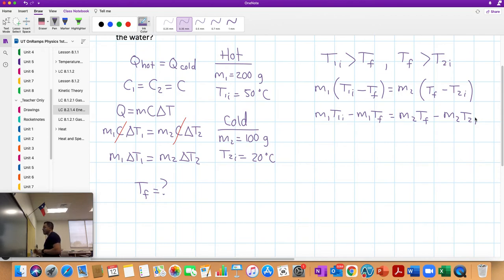So to do that, let me add mass 1 times temperature final on this side, and we'll add it on the other side as well. And let me add mass 2 temperature initial.